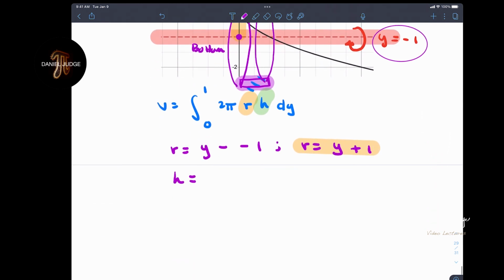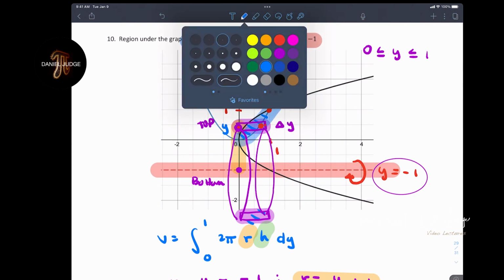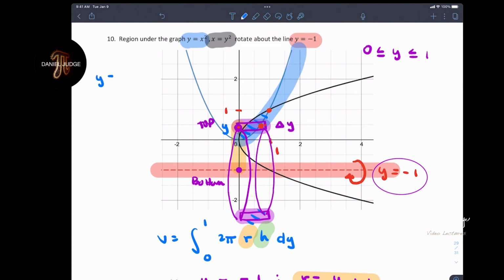So that's going to be XR minus the XL, the right curve minus the left curve. And on the right-hand side, in terms of X, it's the blue curve. But you have a problem here. We have y is x squared, which means x will be plus or minus the square root of y, which means x is the square root of y, or x is minus the square root of y.